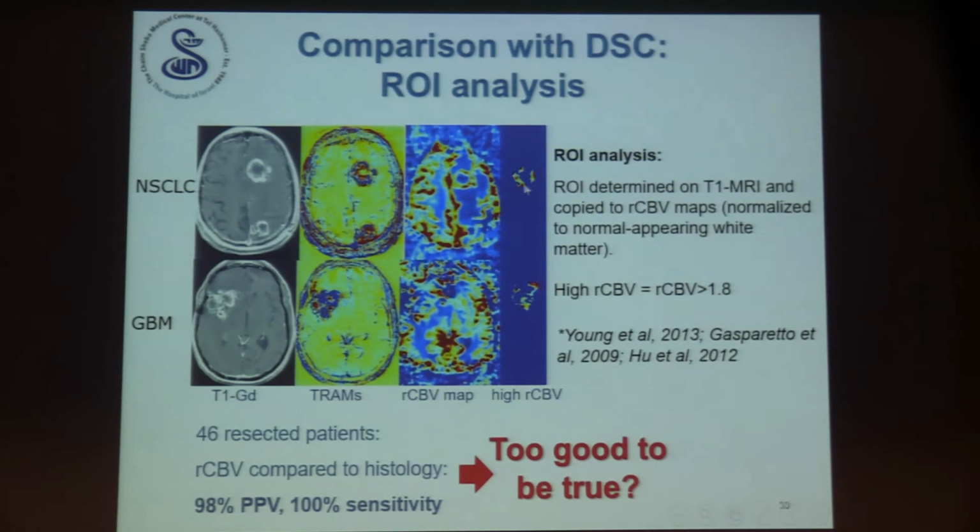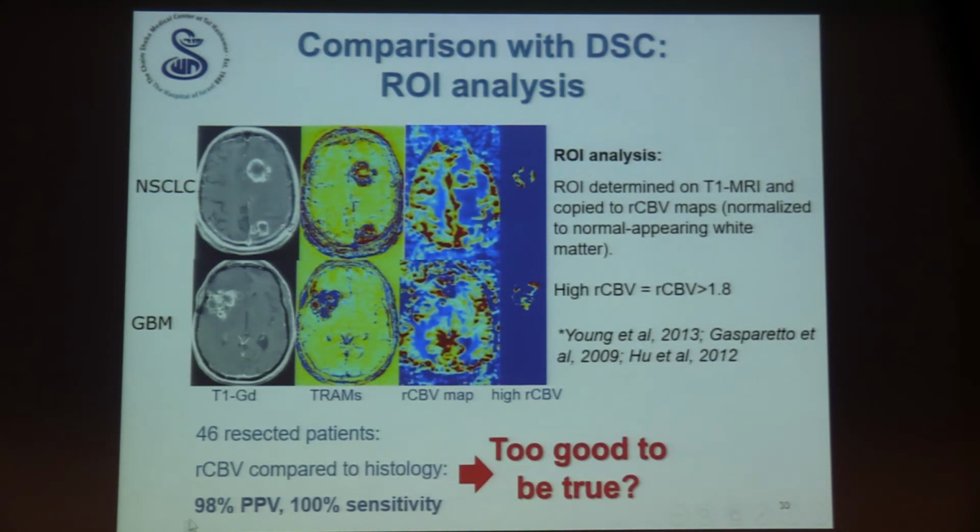Then, to decide what is a high rCBV, we used a value from the literature, 1.8 normalized to the contralateral side. You can see the pixels that were determined to be tumor, passing the normalized threshold of 1.8. And what we found in those 46 patients is that all 46 had a significant number of pixels with rCBV higher than 1.8.